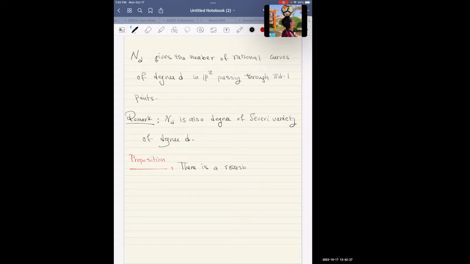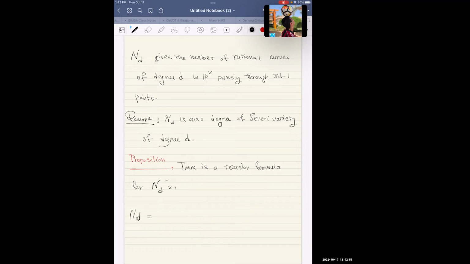This is one of the most important propositions. So if you remember, I told you that often there is no relationship between Gromov-Witten invariants. Sometimes there is, sometimes there's not. Often, though, there isn't. But this one is not one of those cases. This is the one that actually does have a relation.